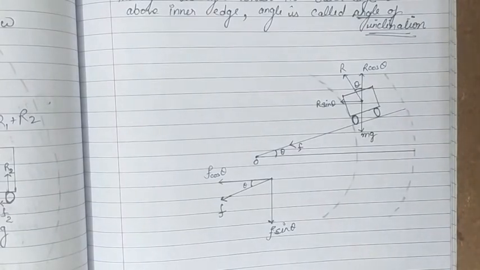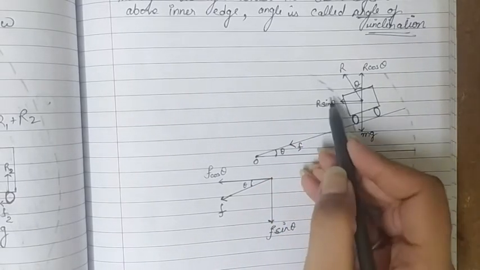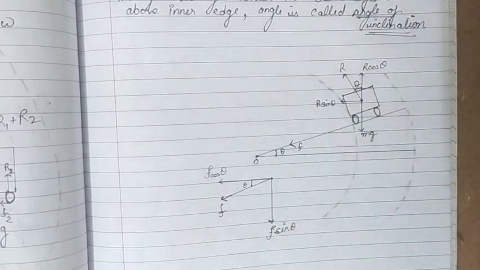In the previous case only the friction F was responsible for providing centripetal force, so we had to keep its amount large as per our requirement. But now we can keep the friction component less and increase the component of reaction, because it is also participating in providing centripetal force for the motion.